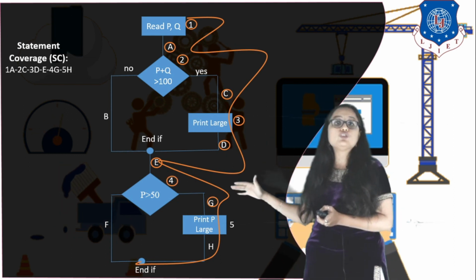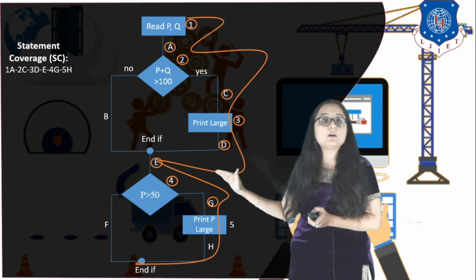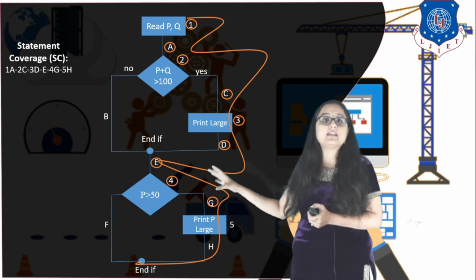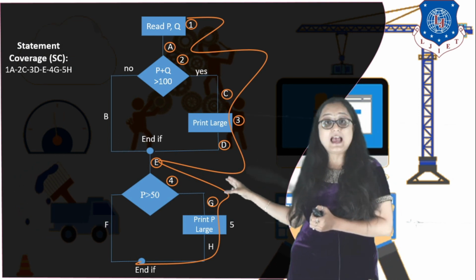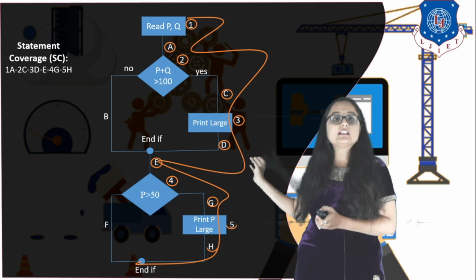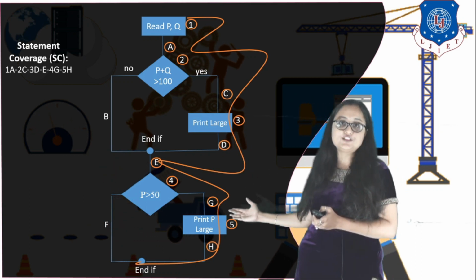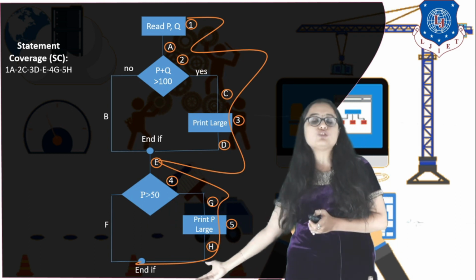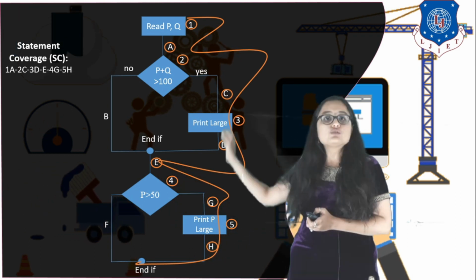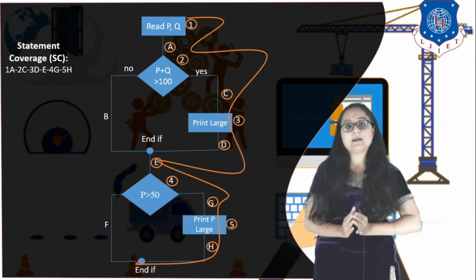After that the path of traversal is 4G. So the fourth statement is being executed and the edge you are following is G. And the last in the path is the fifth statement being executed, and the control edge you are following to the last end if is H. So this is the basic path which I have followed in statement coverage.